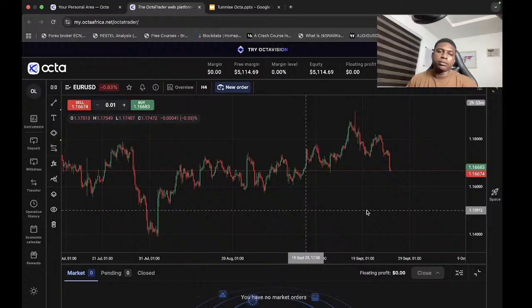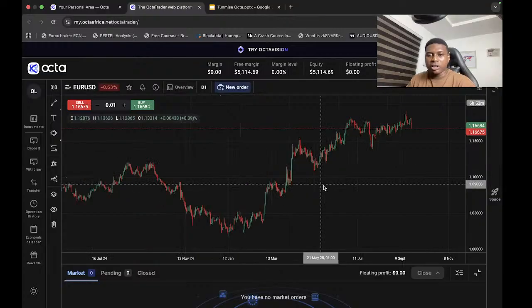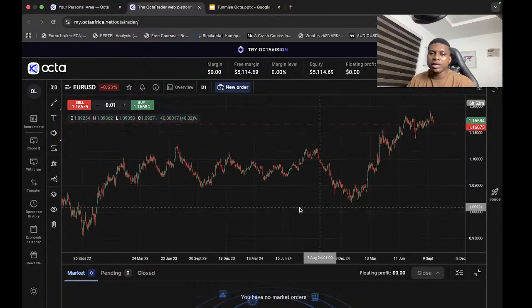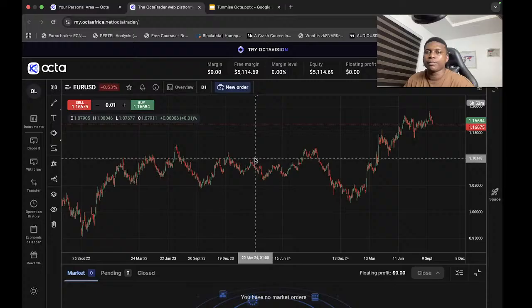Now, looking at this EURUSD chart, we are going to go to the daily time frame in order for us to have a broader view of what the market is truly doing.